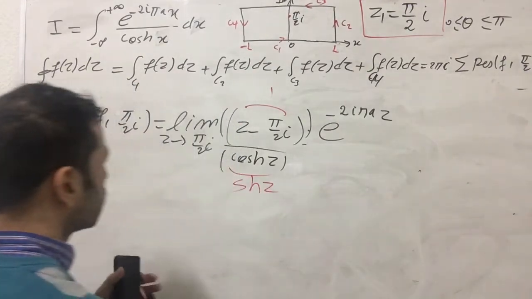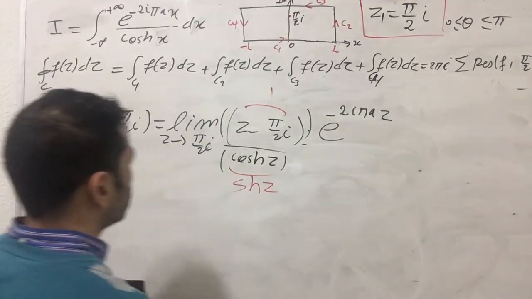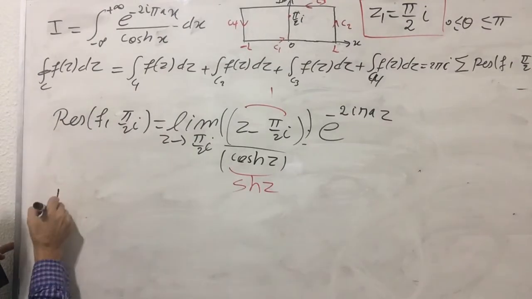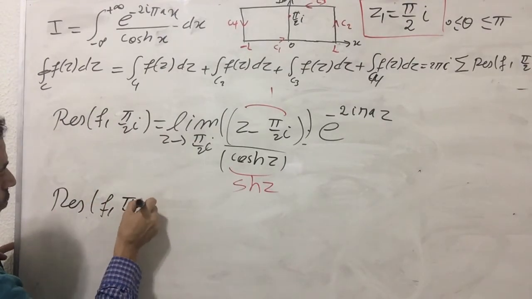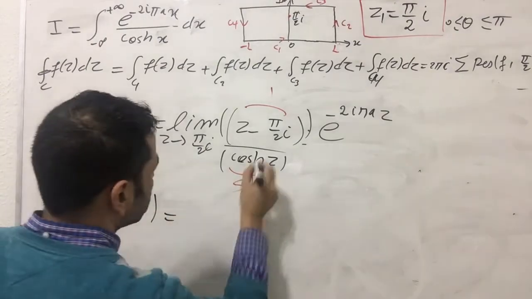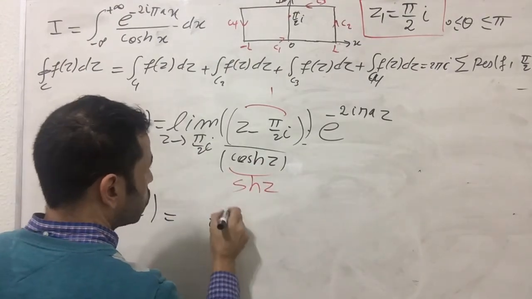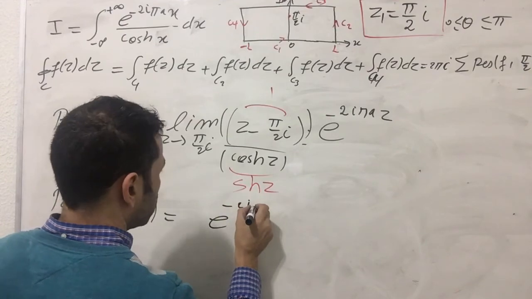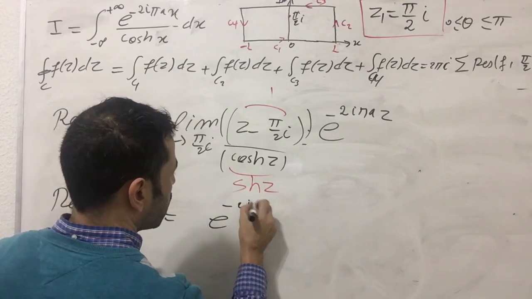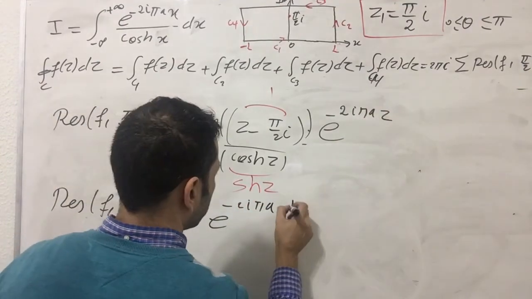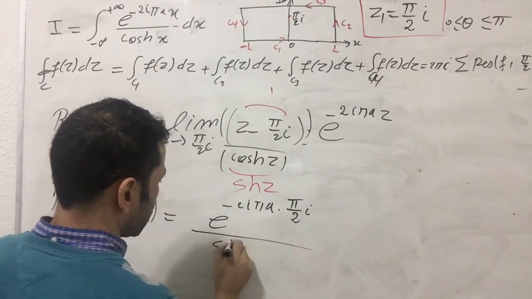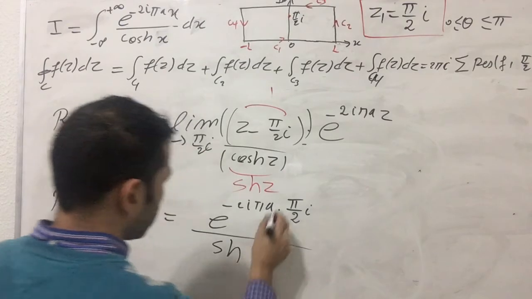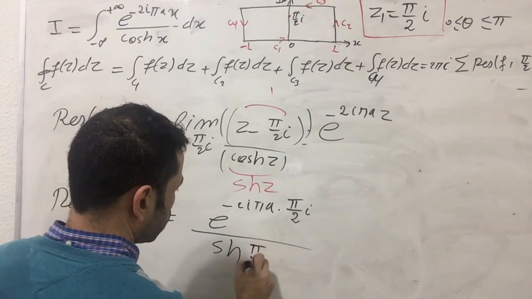Okay, so I'm going to replace, so our residue at this point gives you e to the minus 2i pi a, where I replace z with pi over 2i, over sine hyperbolic function of z at the point pi over 2i.